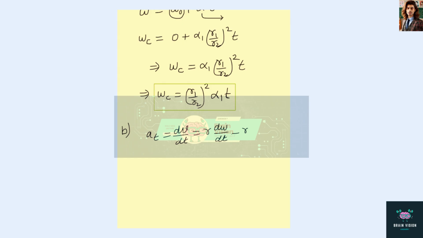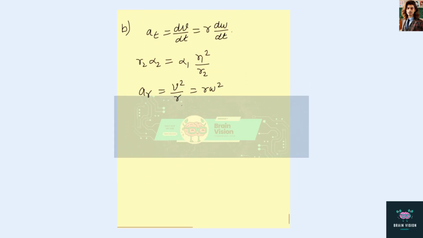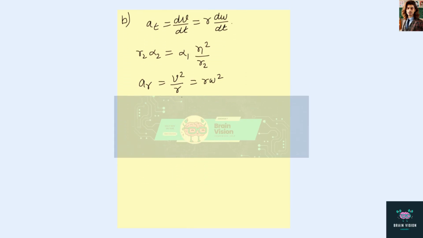Okay, so from here we can write that r2 alpha 2 will be equal to alpha 1 r1 square divided by r2. Okay, and radial acceleration will be equal to ar equals v square by r or r omega square.